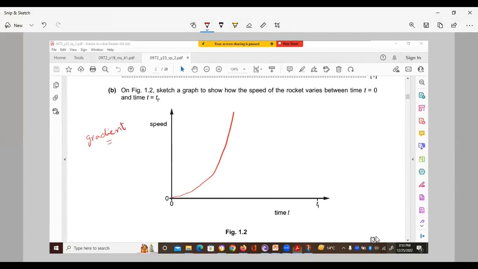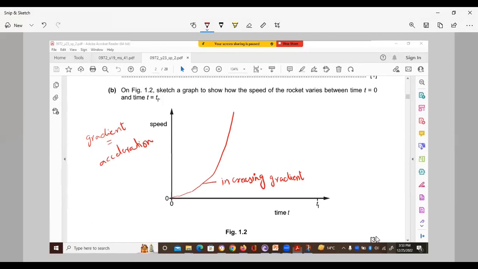This gradient is equal to acceleration. Gradient is also known as slope of the graph. So this line shows increasing gradient. Acceleration is increasing here. When the rocket is launched, it gains speed and it accelerates.